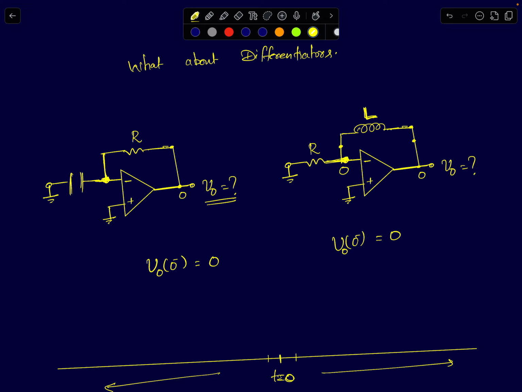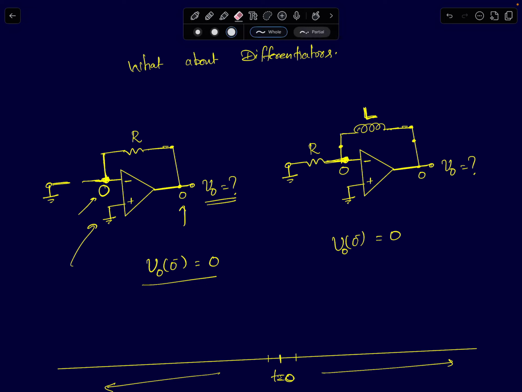So here I can easily say what V naught of 0 minus is, which means I am leaving the circuit to itself for a very long time and then looking at the output voltage. You can treat the capacitor as an open circuit, and then this circuit reduces to a voltage follower. So this node will be a virtual ground. It will perfectly track the non-inverting voltage and come to 0 volts.